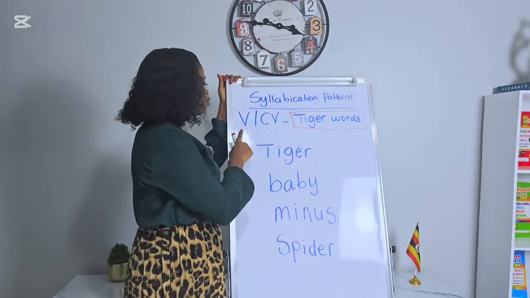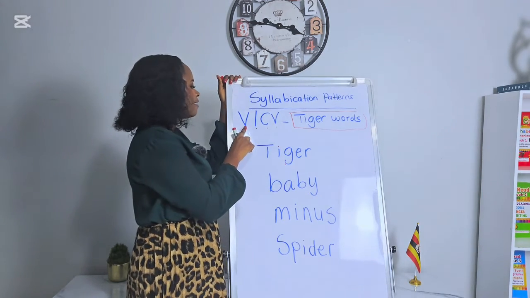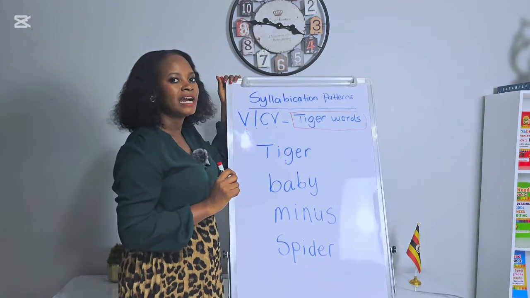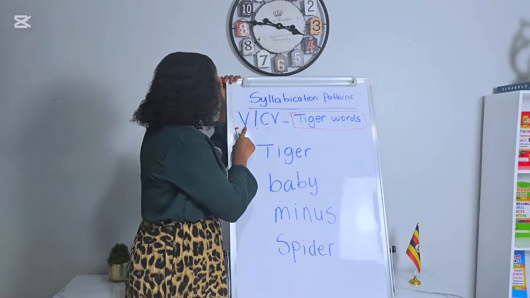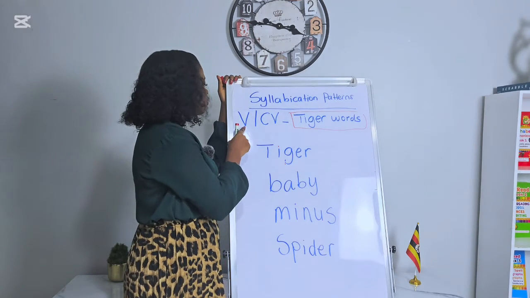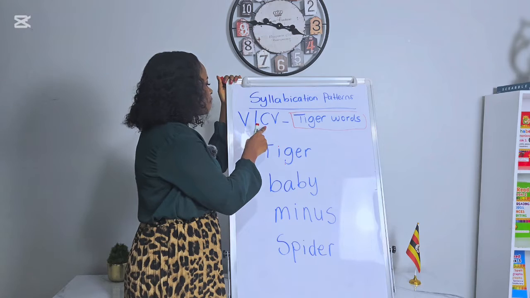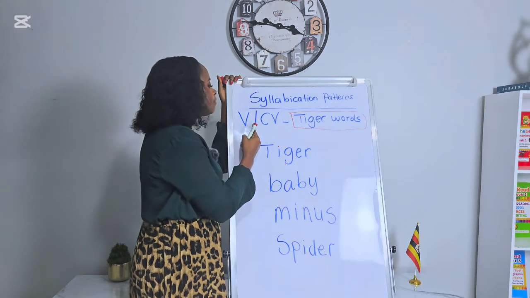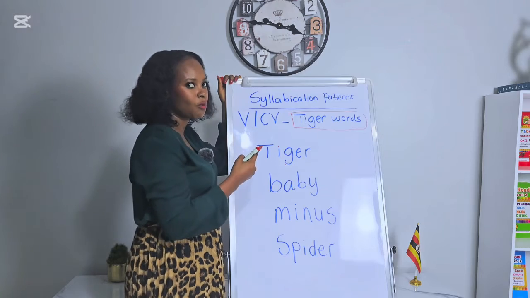Like I said, do not be confused by the letters. V stands for vowel, consonant, vowel. Now in this syllabication pattern, we split after the first vowel. So we mark the vowel, we mark the consonant, and we mark the vowel. But you have to split after the first vowel in the word.